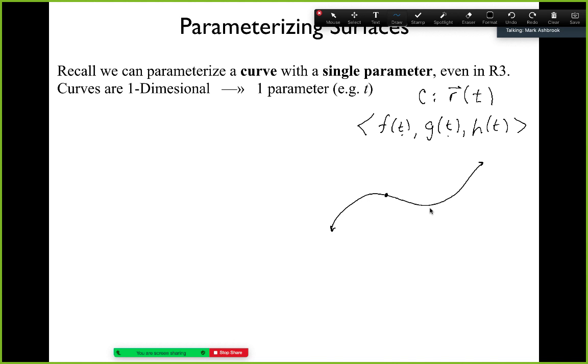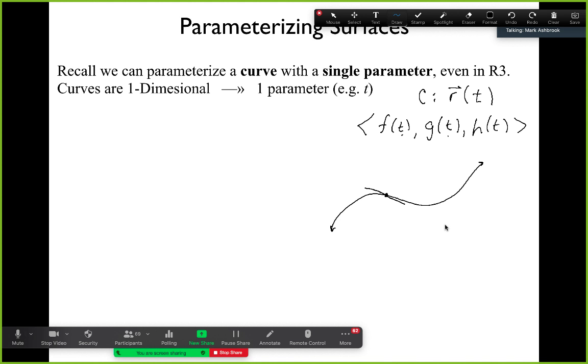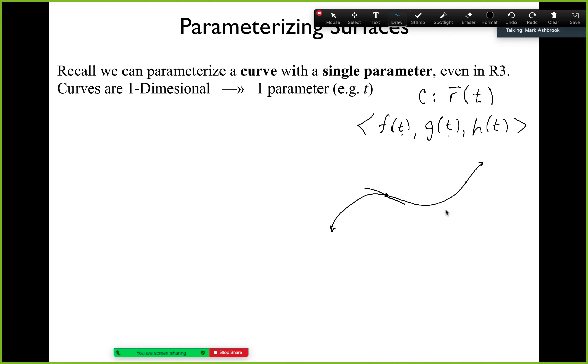It's because in a string of points, you can only go one way, either forward or backwards, right? So at this point, you can either go forward or backwards. That's only one direction, right? There's only one direction you can go at any given point. And so t is enough. T is enough to define all points on a curve, because a curve, even though it could be in space, is still like a one-dimensional thing. Make sense?